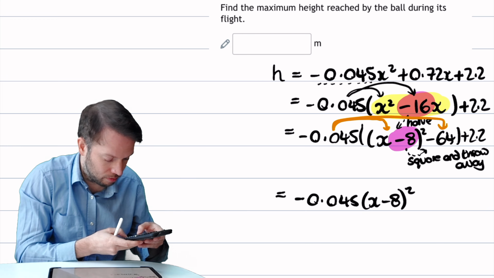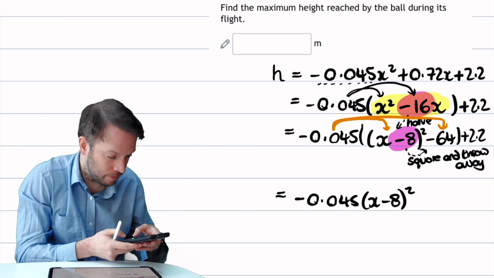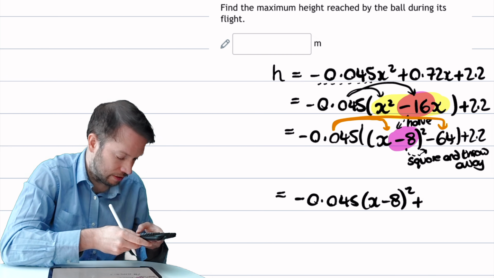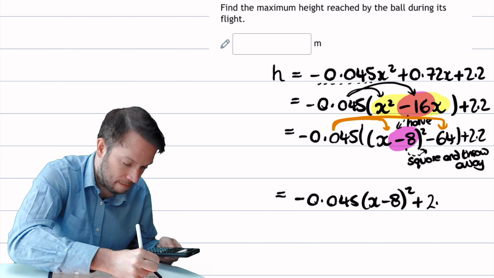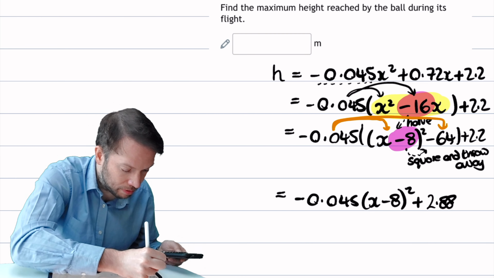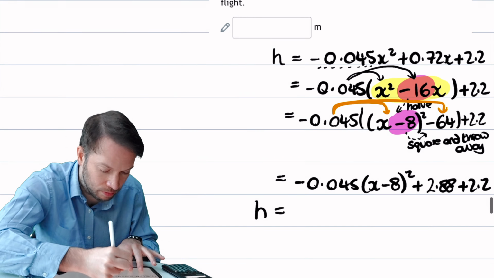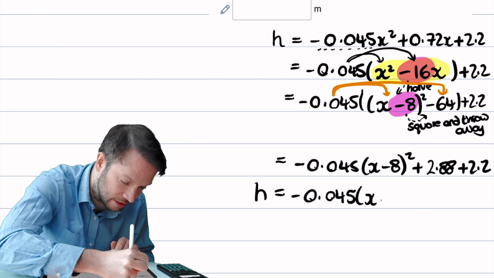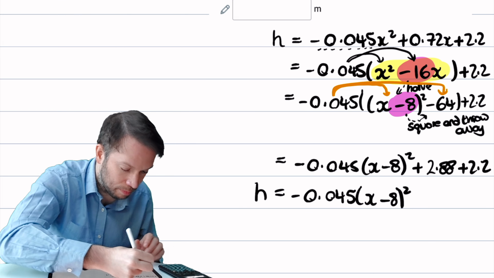So minus 0.045 times negative 64 gives you positive, and if I do that as a decimal, 2.88. And then I've still got that plus 2.2 on the end. Let's just tidy up. We're going to get h is equal to minus 0.045 x minus 8 squared. And then if we add these two, 5.08.